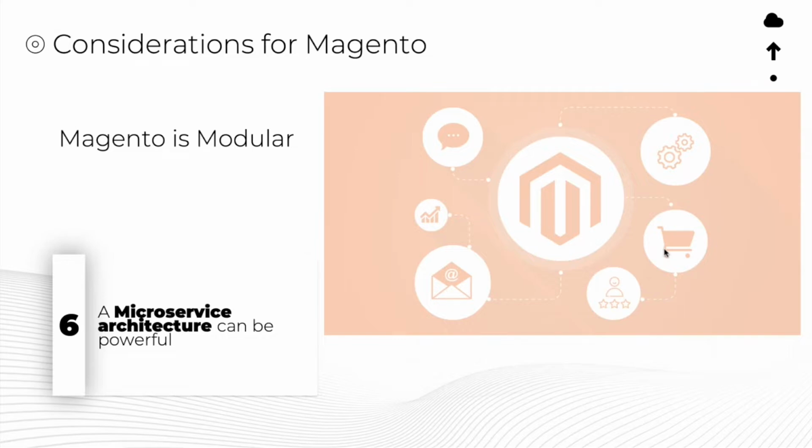It has different modules related to product management, cart management, warehousing, the integration with logistics, the integration with payment gateways, and managing the content and the products of Magento. That's why these Magento modules can perfectly fit into a microservices architecture.